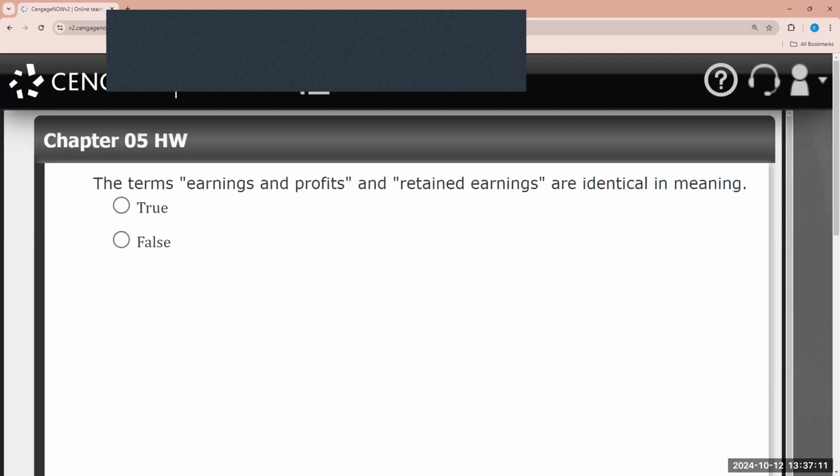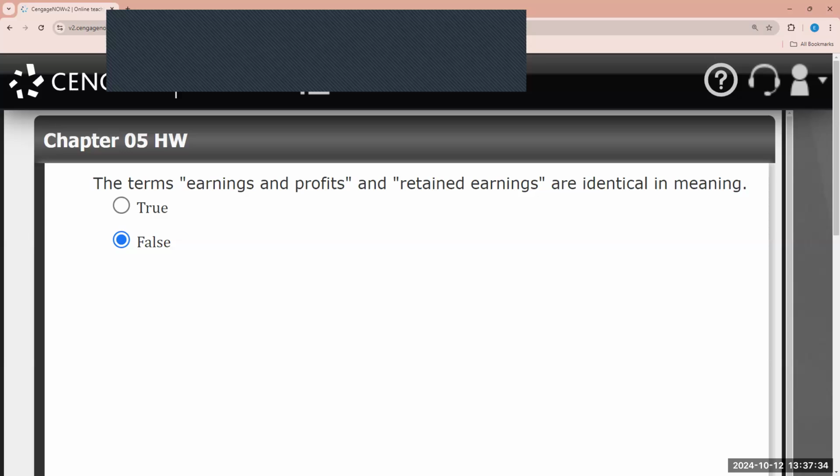Next, we see the terms earnings and profits and retained earnings are identical in meaning. So this is also false. The notion of earnings and profits, again, is similar to the accounting concept of retained earnings. Both essentially measure a firm's accumulated capital. However, there are some differences in the ways in which the figures are calculated.